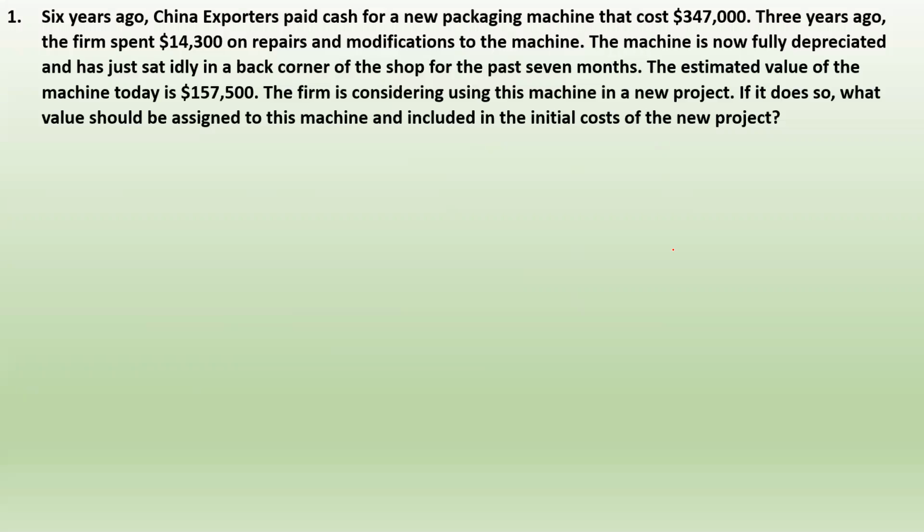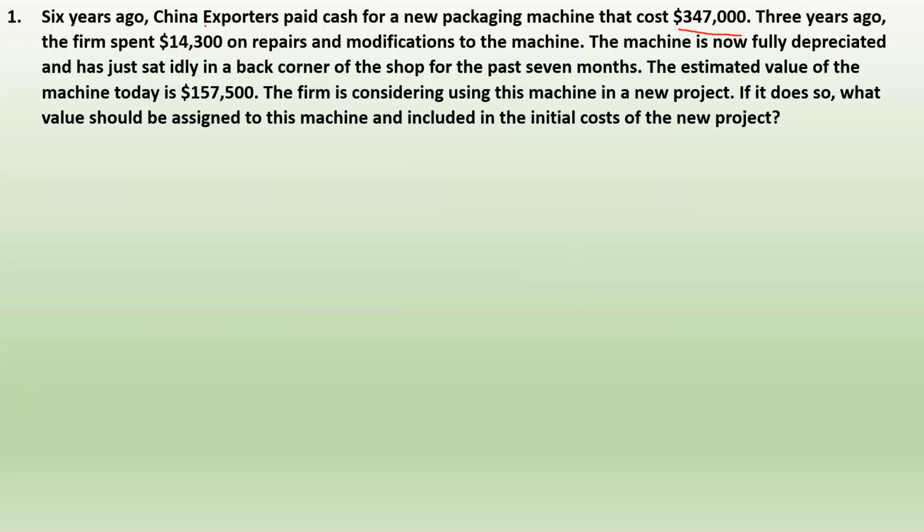If it does so, what value should be assigned to this machine and included in the initial cost of the new project? So this is a question related to opportunity cost. This says that if you include this machine in this new project, you sacrifice a value, sacrifice the cash inflow for this machine, and you need to pick which is the cash flows you sacrificed by including this machine into the new project.